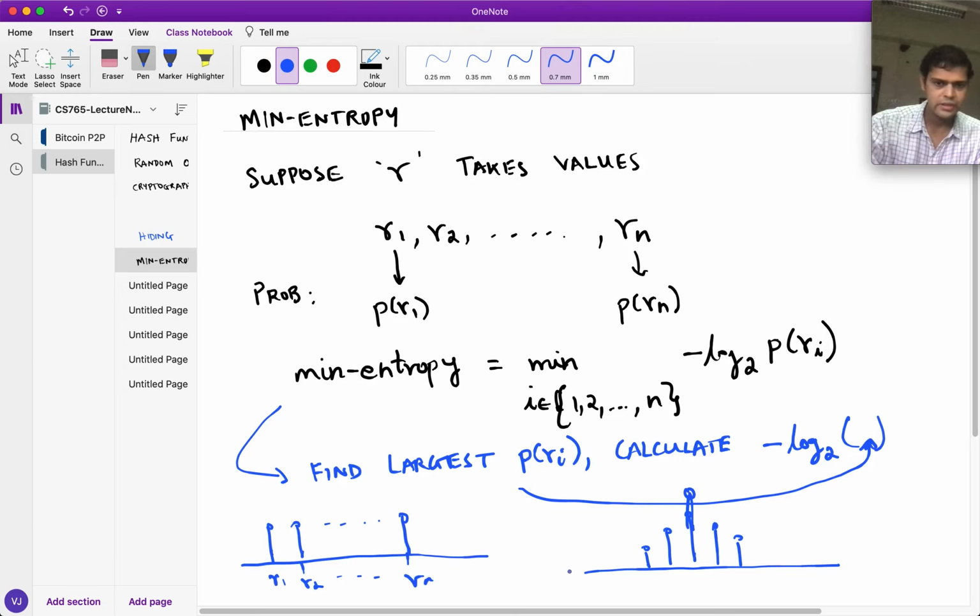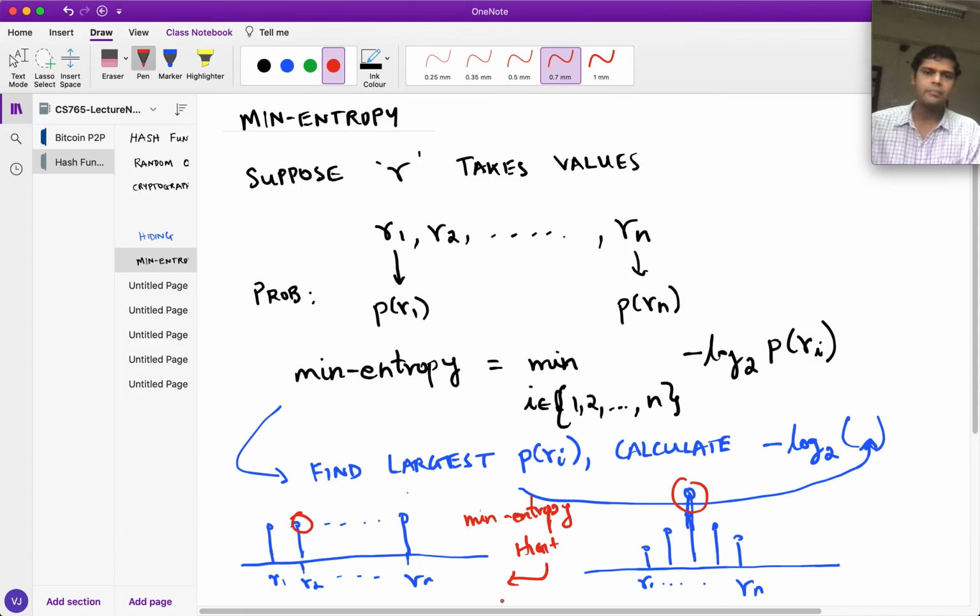Let's say that you have the same numbers R1 to Rn over here, right? So we pick out the largest one among them. Here of course it's any one of them, they all have the same probability, and if you calculate the minimum entropy you will find that the minimum entropy here is higher. So minimum entropy is high here compared to the other case.